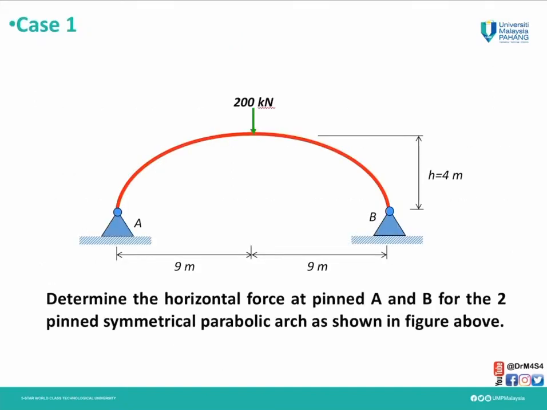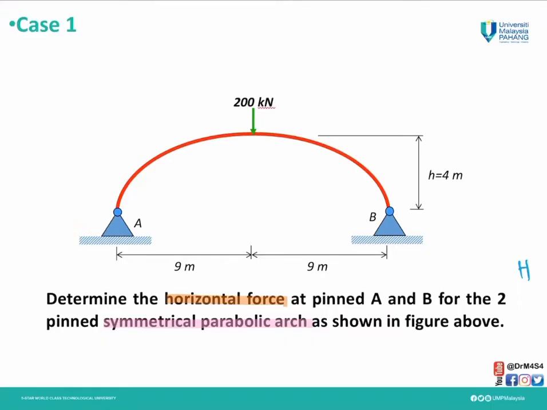Now let's see case 1, where this is a symmetrical parabolic arch with 200 kN at the crown. So we have to determine the horizontal force at pin A and B. From indeterminate, we're going to make it determinate.